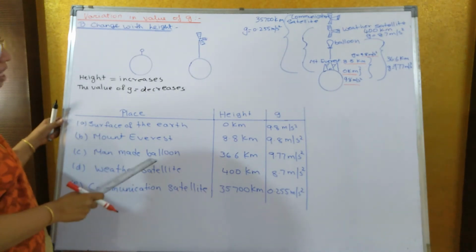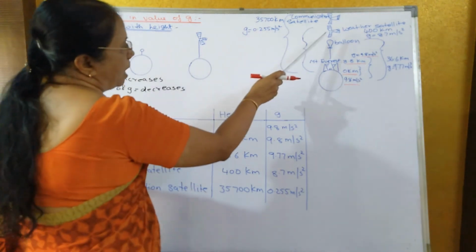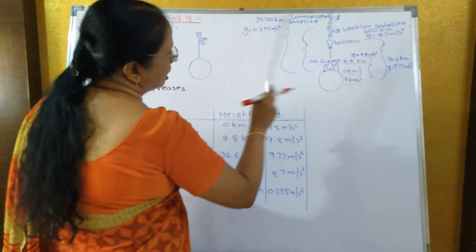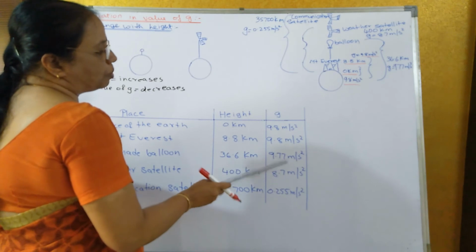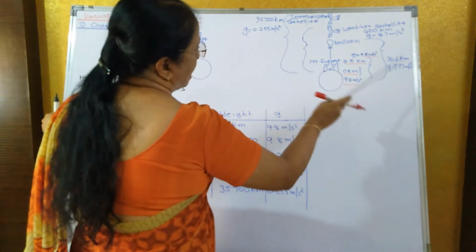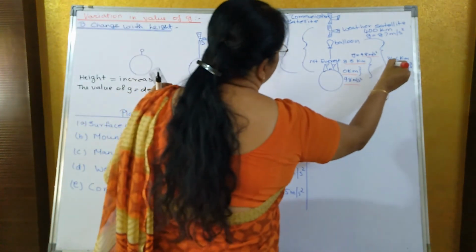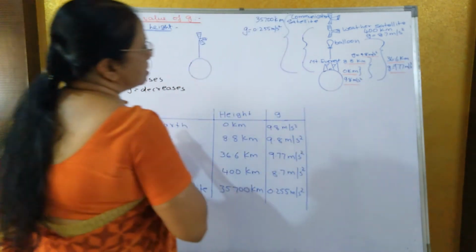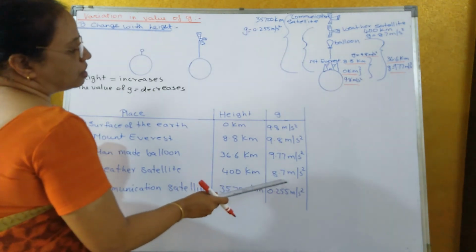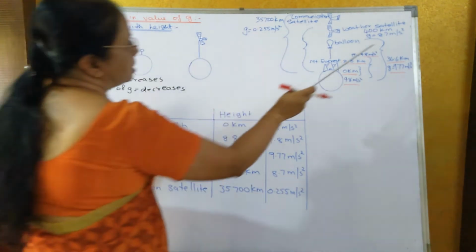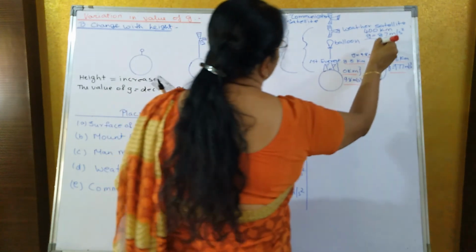It is 9.8 meter per second square. Now consider a man-made balloon at a height of 36.6 kilometer. The value of g is how much? 9.77 meter per second square. Now consider a weather satellite at a height of 400 kilometer. The value of g is 8.7 meter per second square.